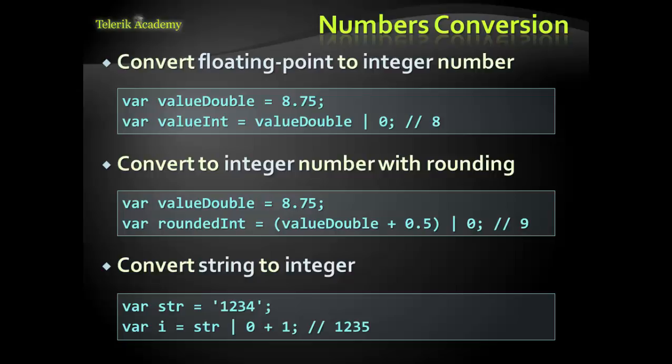The same goes if you take a number string and concatenate it to some string which doesn't contain a number, it will be converted to a string. So this is also a way to do it if you want to mess with somebody's brain, but that's not the best way to convert numbers into strings or strings into numbers.